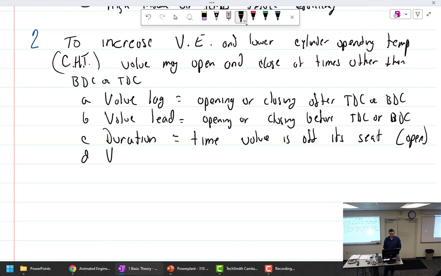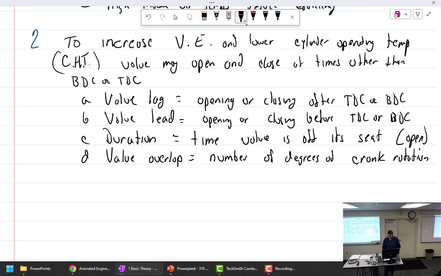And then we're going to have a thing called valve overlap. That is the number of degrees of crankshaft travel that both valves are open at the same time, both valves off the seat.